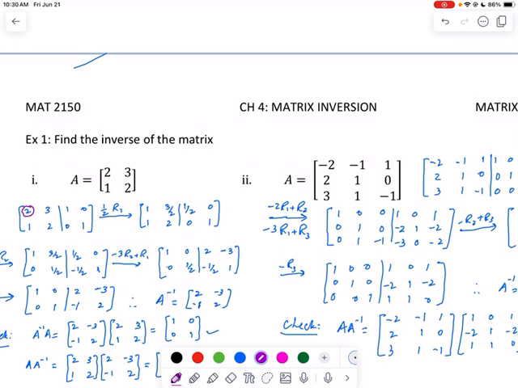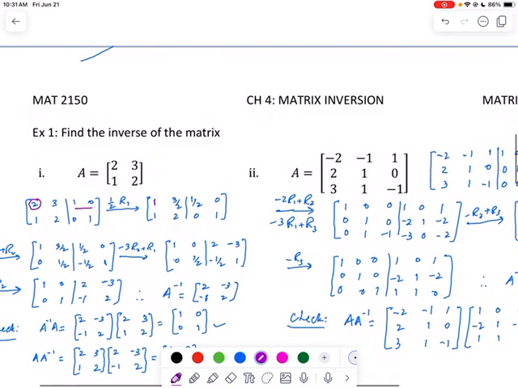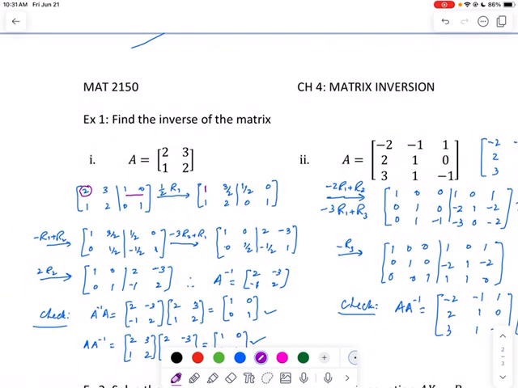I can do different things, but here I am just multiplying the first row by 1/2. So I get 1, 3/2, 1/2, 0, because we apply the operation on this side as well. My next job is to make this a 0. In order to do that, I will multiply the first row by -1 and add it to the second row. So negative R1 plus R2.